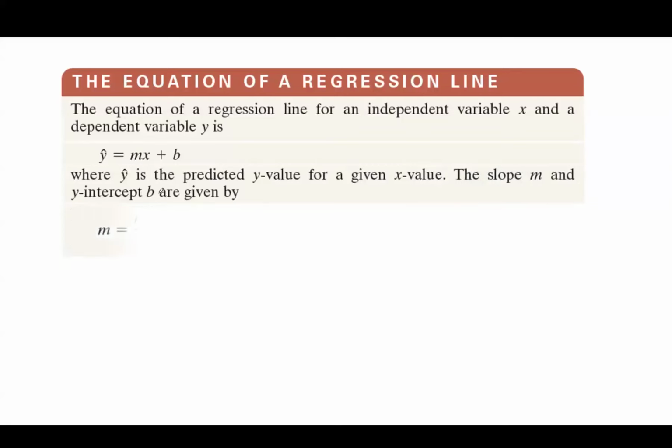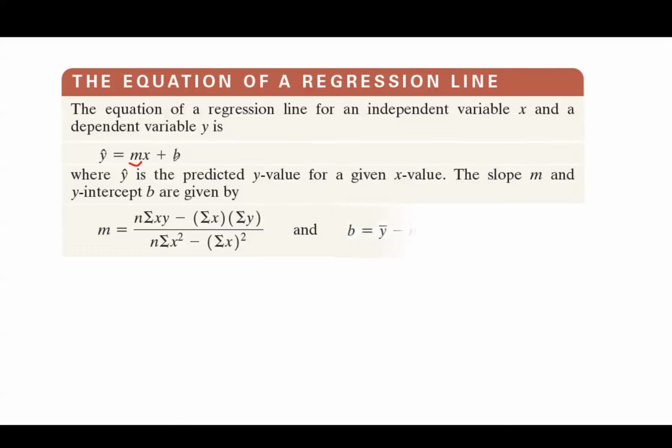To calculate m, your calculator, your software, Python, R, or any other packages that you're using follows this formula. It basically multiplies all x and y's, adds them together, multiplied by n, minus the summation of x values times the summation of y values, divided by the squared x values added together, multiplied by n, minus the summation of all x values to the second power. So this gives you the slope of the line, the rate of change.